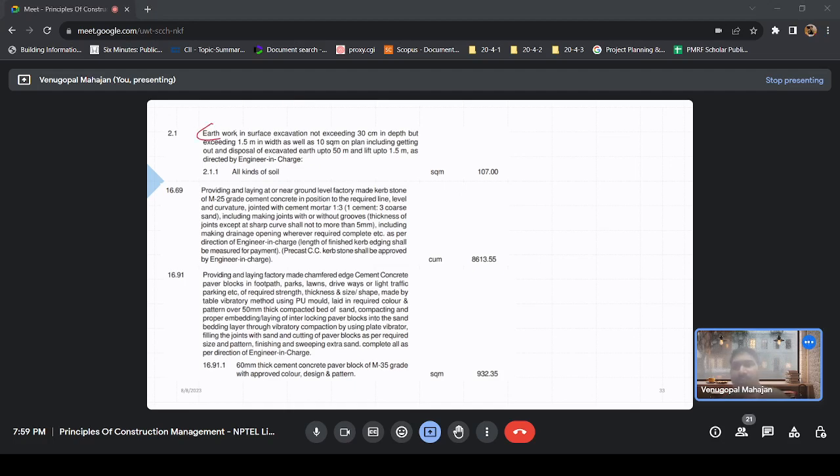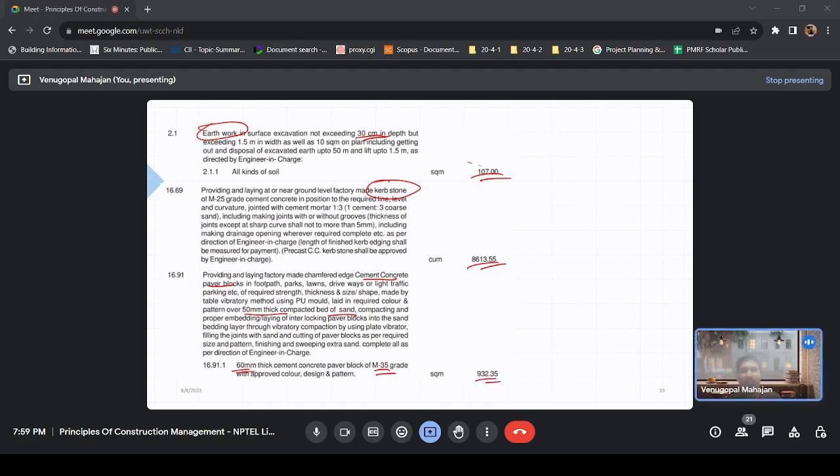Earthwork, not existing 30 centimeter in depth, right? We are getting 140 mm only. So you have got the rate of earthwork. What about laying curb stone? You have got the rate of curb stone. What about cement concrete paver for M35 grade, right? 60 mm thick and 50 mm sand, right?